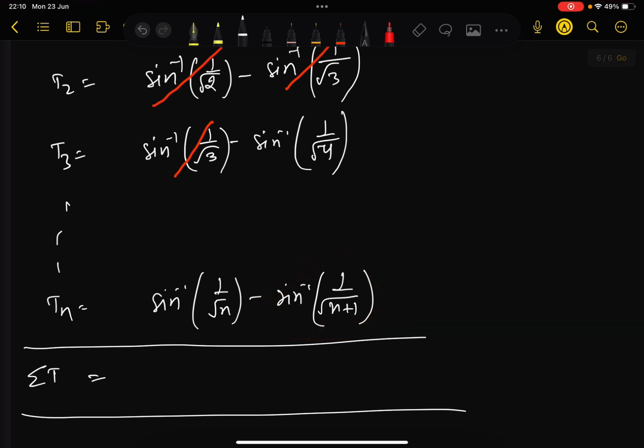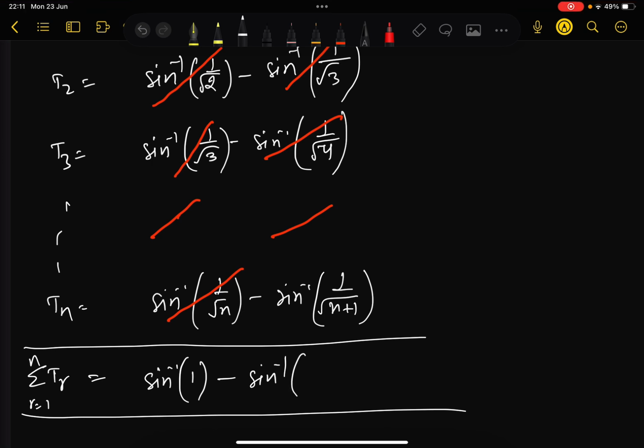Sum of all these terms from r equals to 1 to n is, we are getting sine inverse 1, and at the end, whatever terms are there in between will get cancelled out. So here we are getting sine inverse of 1 upon root n plus 1, like this, okay, we will get this term.